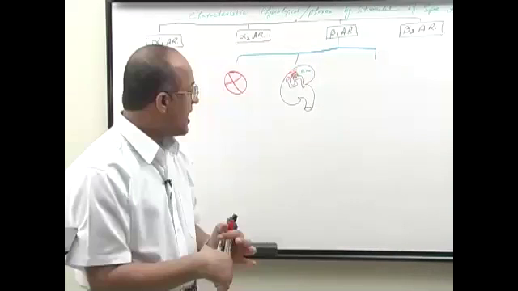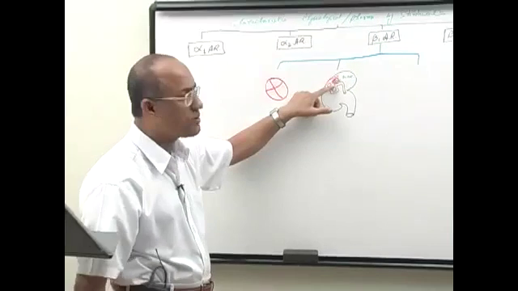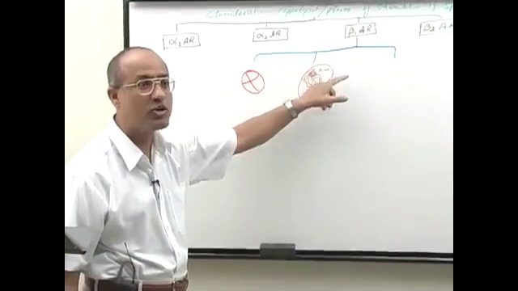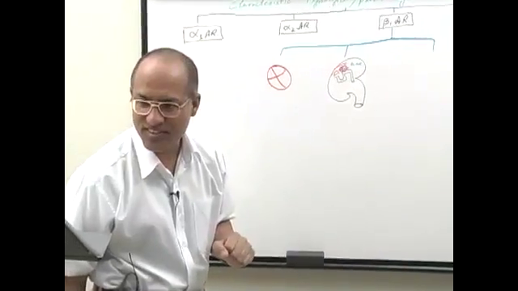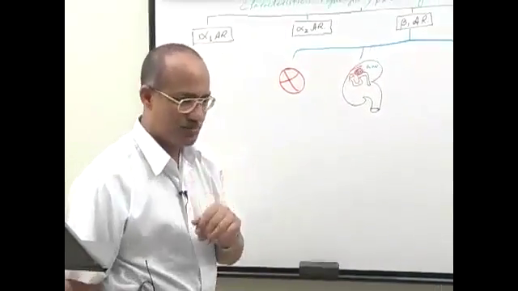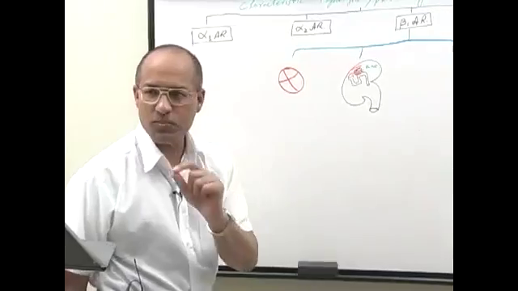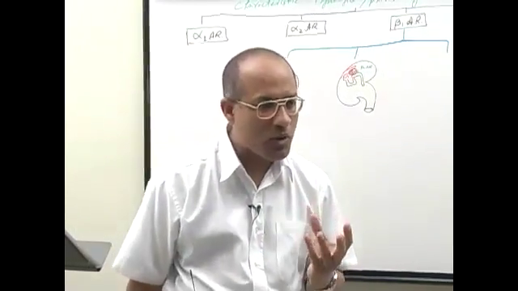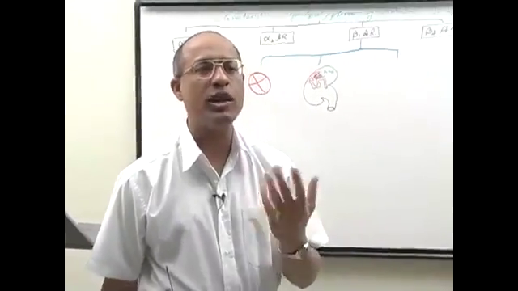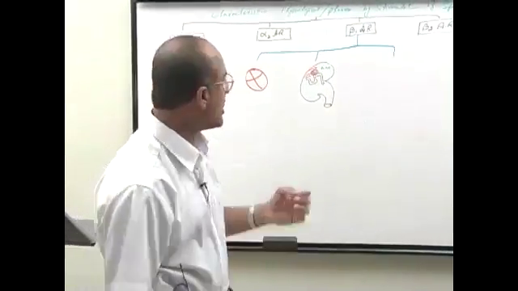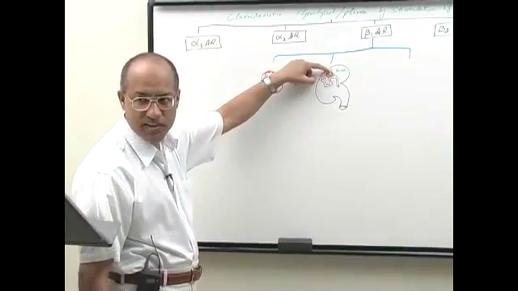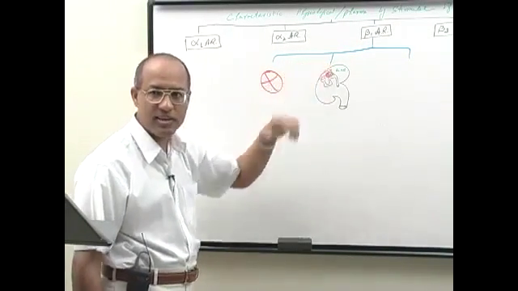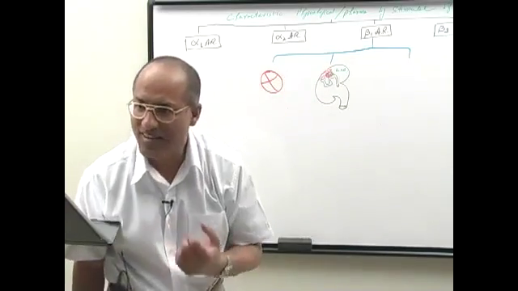So what is happening? Any beta 1 stimulant increases the renin angiotensin aldosterone axis, right? But let's suppose we give a drug which is a beta 1 blocker. A beta 1 blocker will not only act as a cardioinhibitor, but will also block beta 1 receptors on the juxtaglomerular apparatus, and renin production in your body will be less.